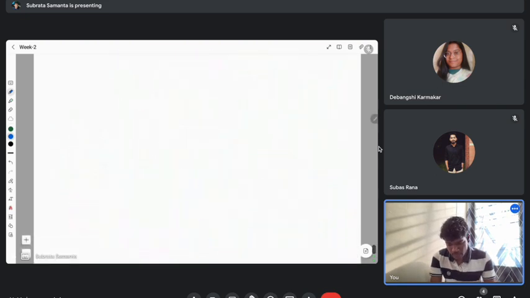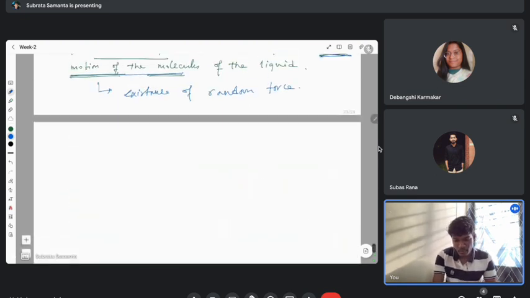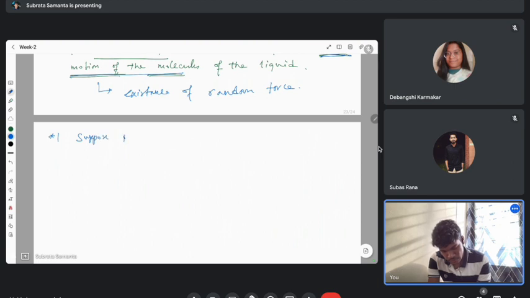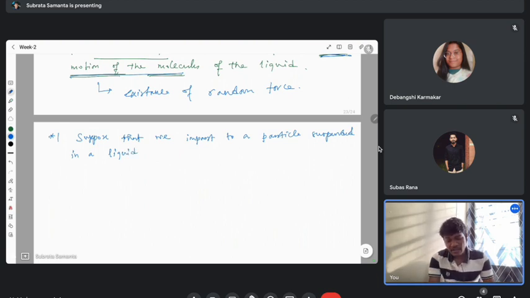Okay, so let's do one example so it becomes more clear. Suppose that we impart to a particle suspended in a liquid a certain velocity v.